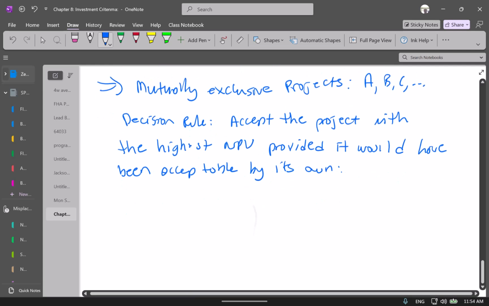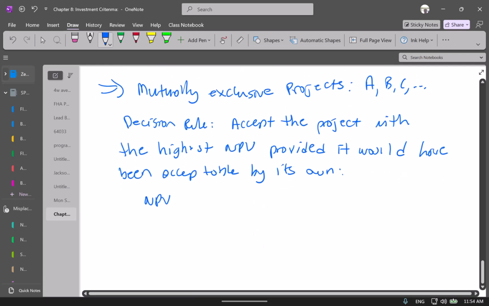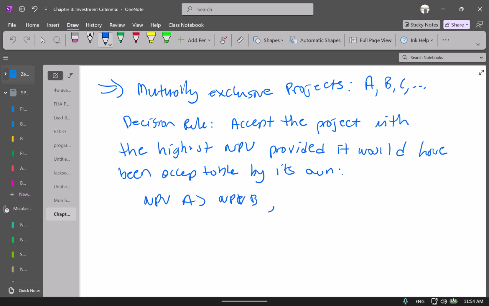So if NPV-A is greater than NPV-B, go accept A, if NPV-A is actually positive.